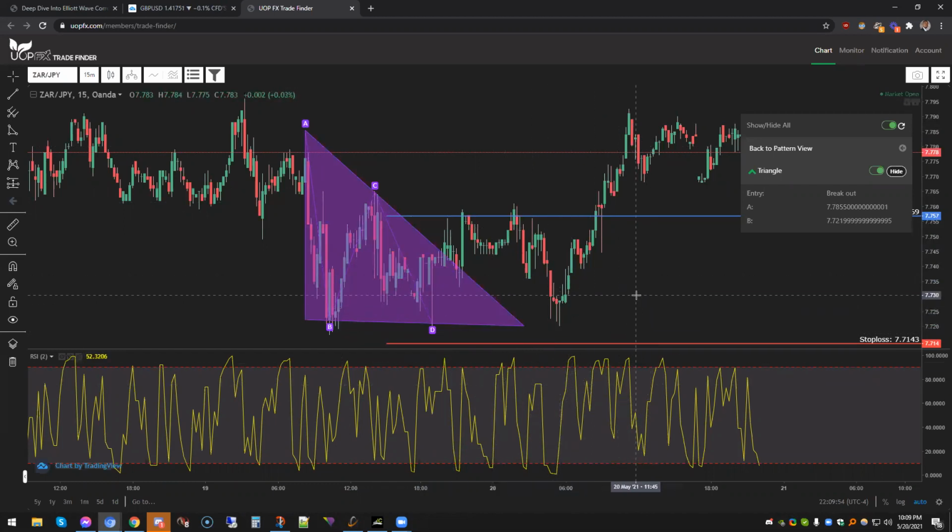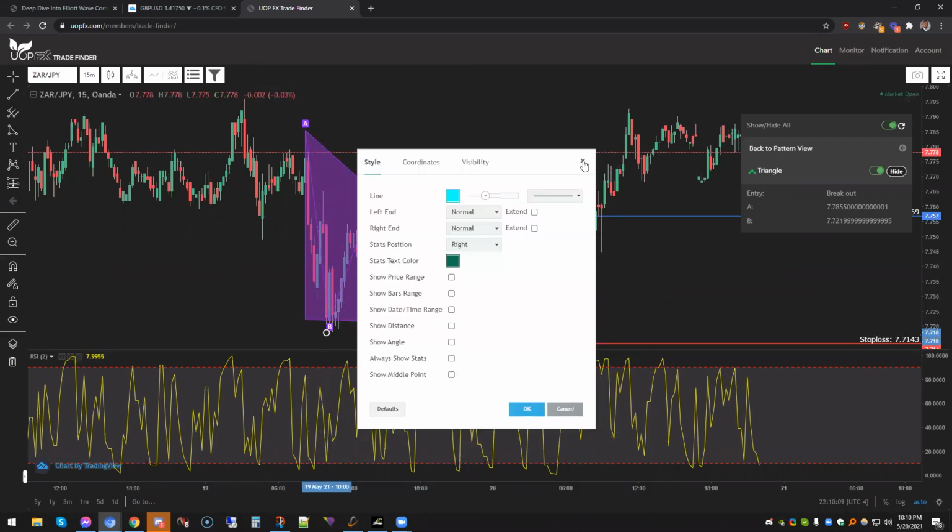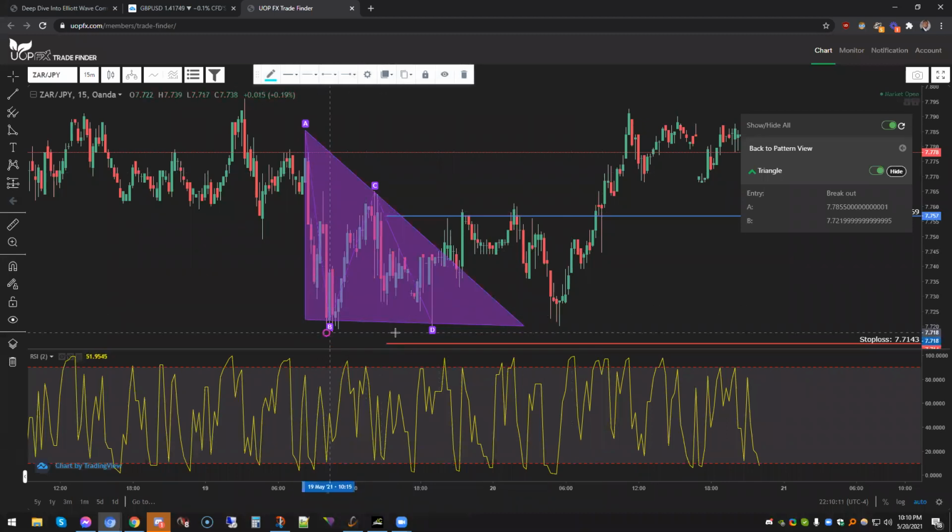You also need to be aware of the Elliott wave formations, because this is clearly playing within an Elliott wave formation. This is a flat that's happening right before your eyes, right here. Potentially a flat pattern formation in the making.